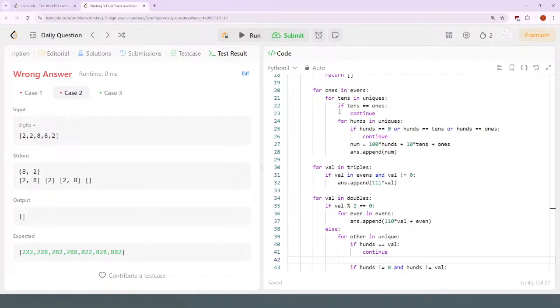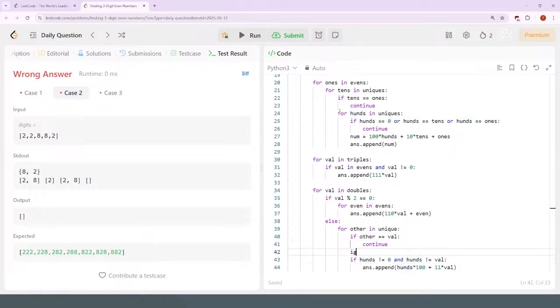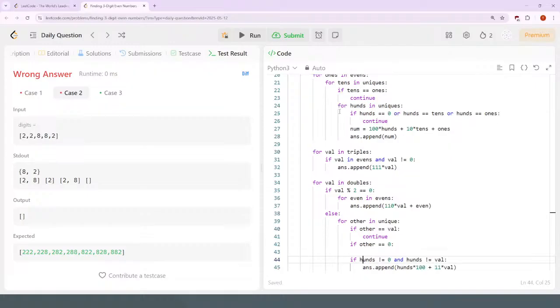If other is 0, then this only works as the non-hundreds version, so it's like two doubles and the 0. Well, it's going to be just that, 220, 440.